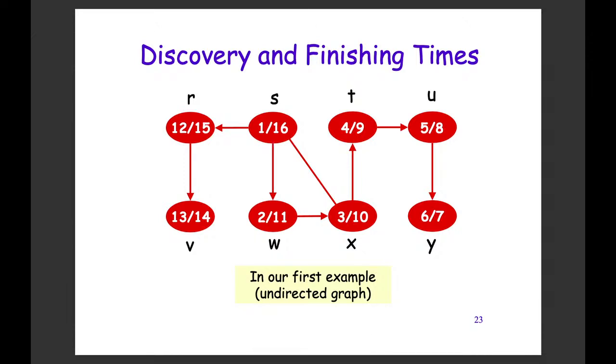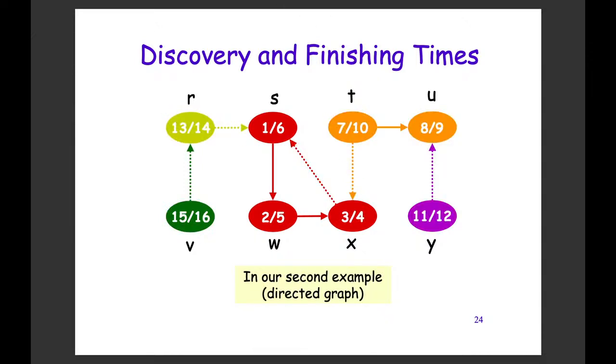Okay, this is another example. This example corresponds to the directed case. Let us recall the run: it is from S to W to X, then goes back. So we will have 1, 2, 3, 4, 5, 6.